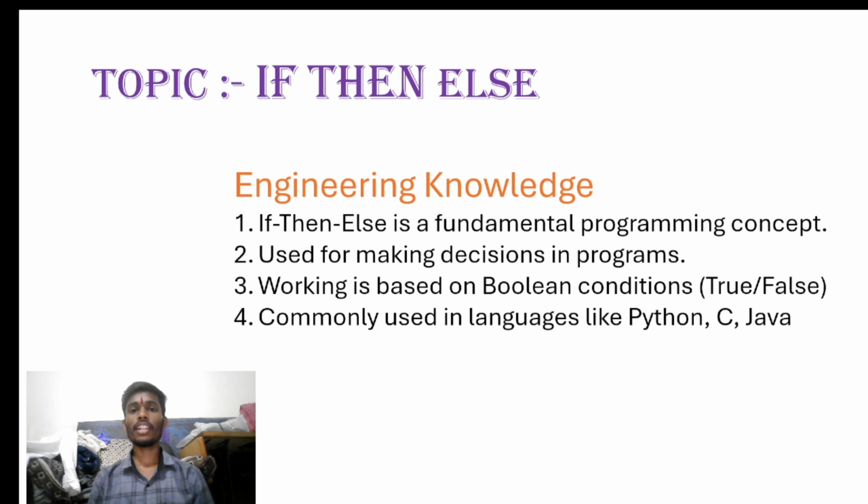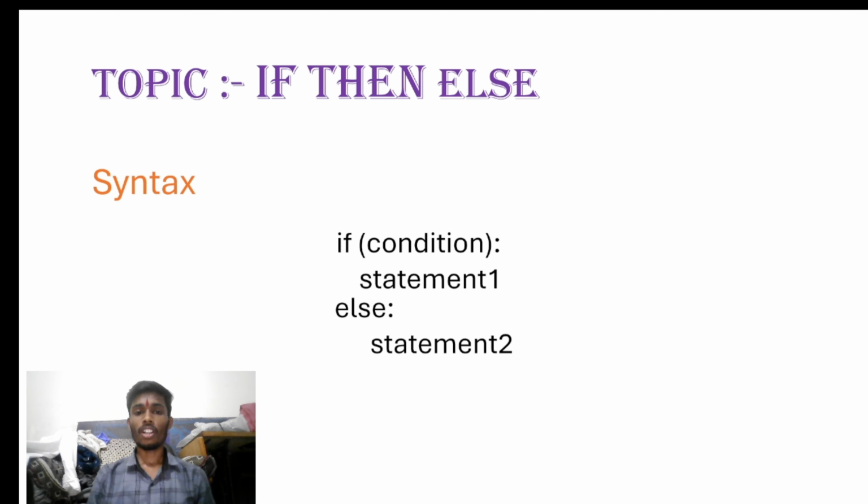Okay, it is also commonly used in many languages such as C, Java, etc. But the syntax of the if then else statement differs in different languages. The Python developers have made the syntax simple for the if then else statement.